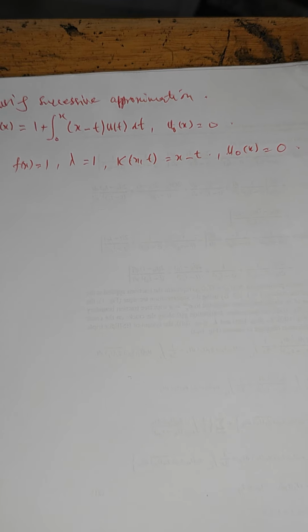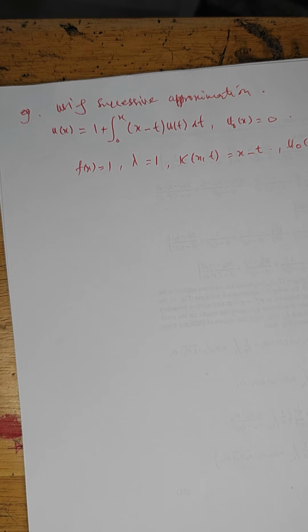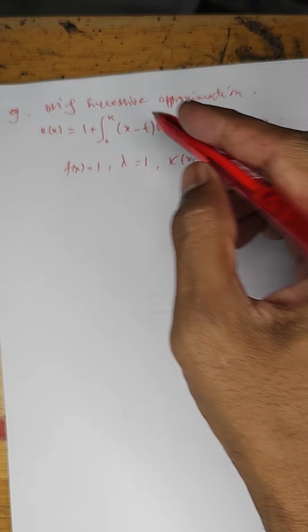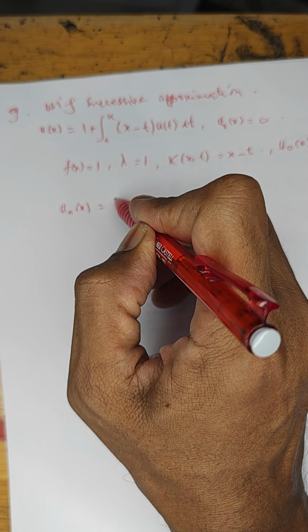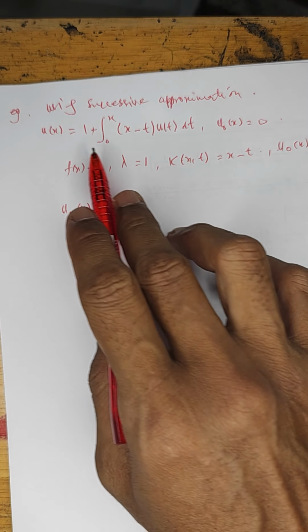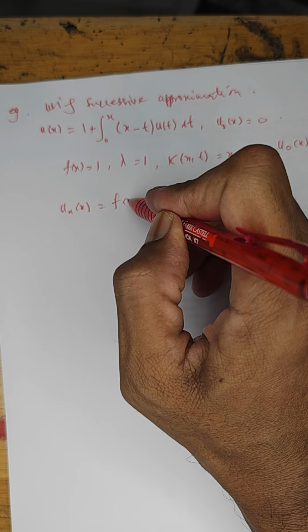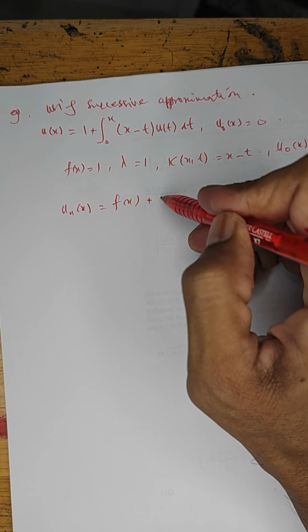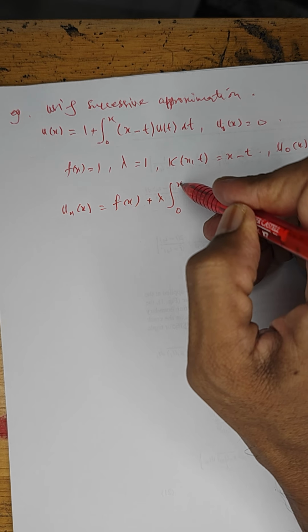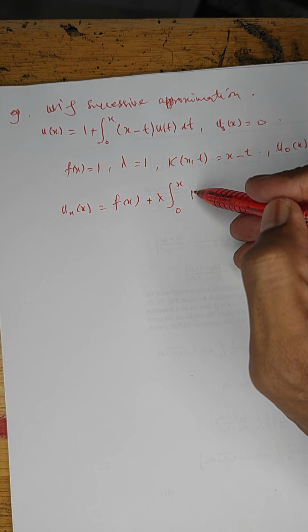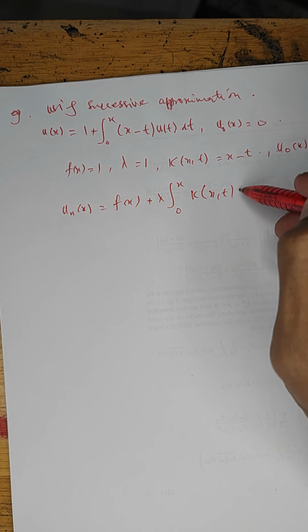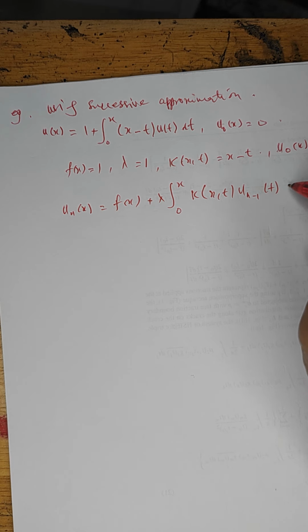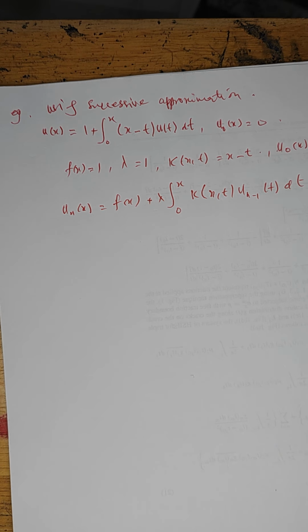Then we have the general term of the successive approximation: un(x) is equal to f(x) plus lambda times the integral from a to x of K(x,t) u(n-1)(t) dt. So using this we can find u1, u2 and so on.